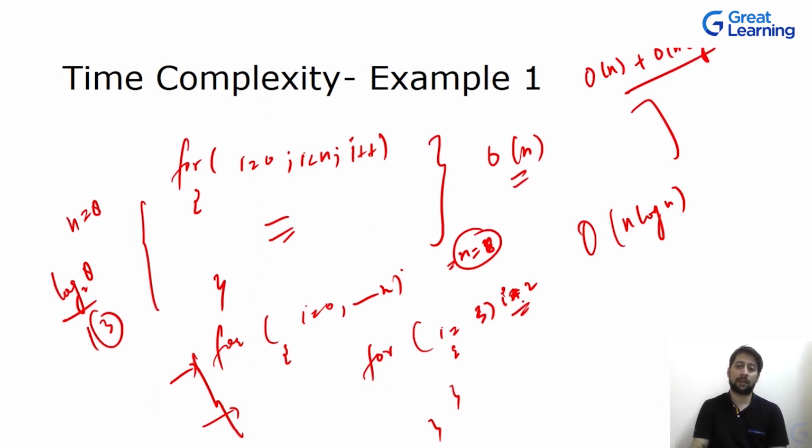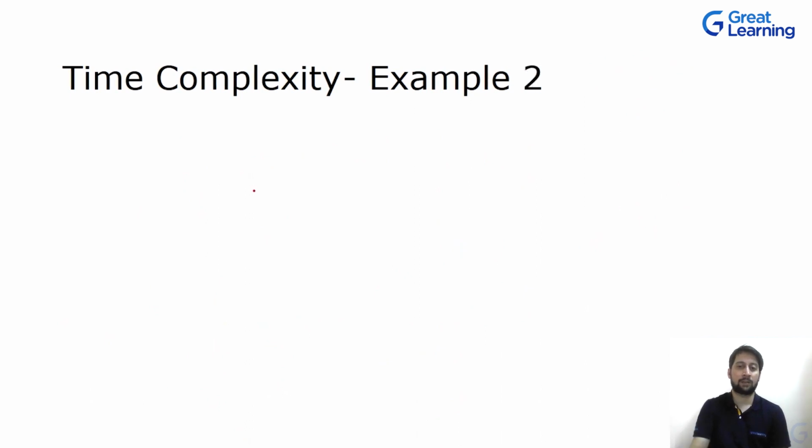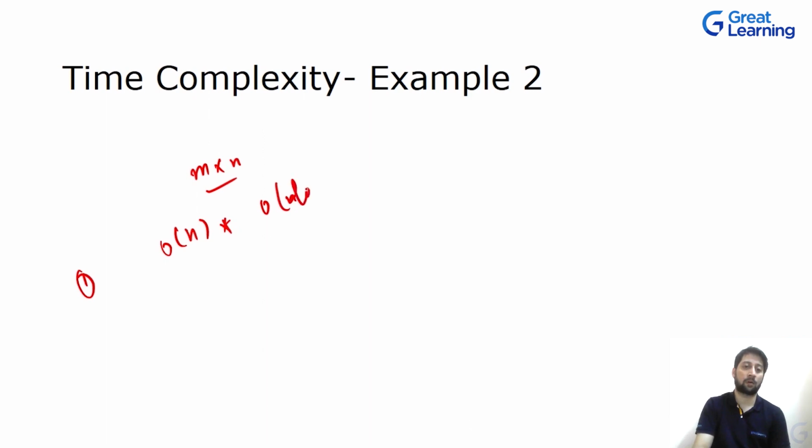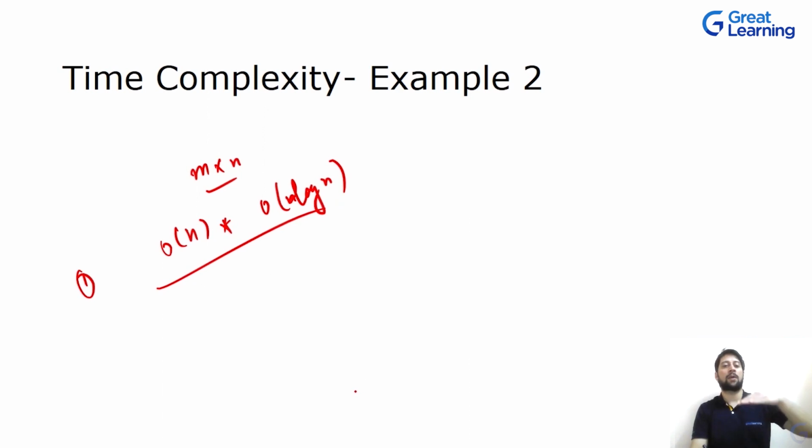Now, what is happening over here? This is a scenario wherein it is m into n. That means you are multiplying big O of n, for the outer loop, into big O of log n for the nested one. Whenever you have a for loop inside a for loop, you multiply the time complexities.